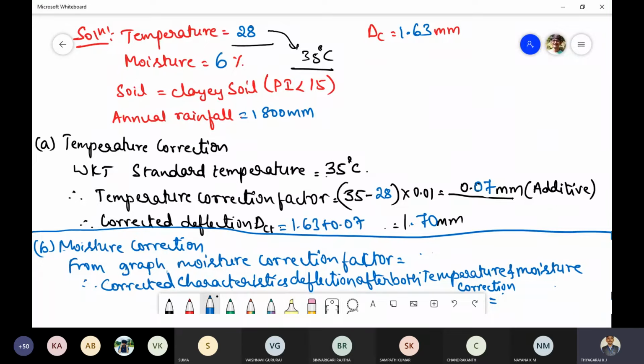So up to here, kindly note down the corrected deflection. Check it. Are you going to get 1.70?